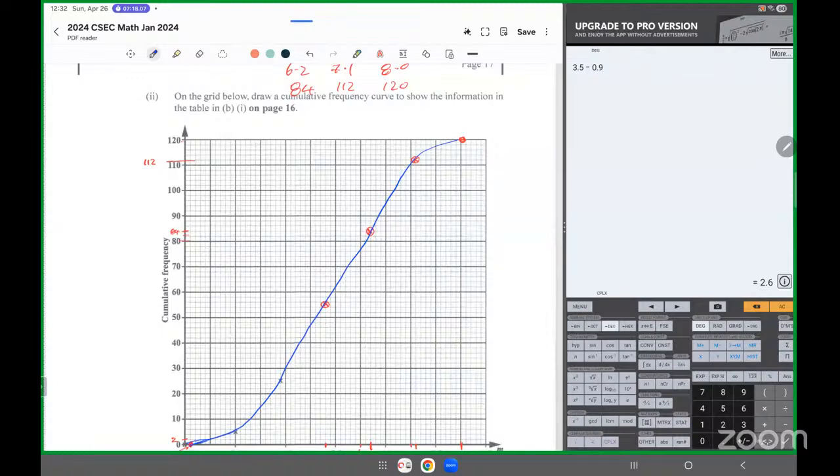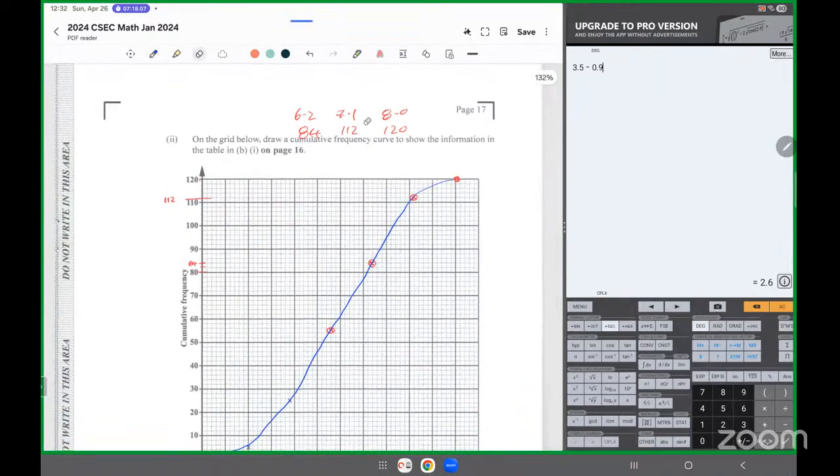I'm going to leave it at that. Let's draw it again. All right, I'll work with that. That's it, okay. And then I'm sure they're going to want you to find something from it.